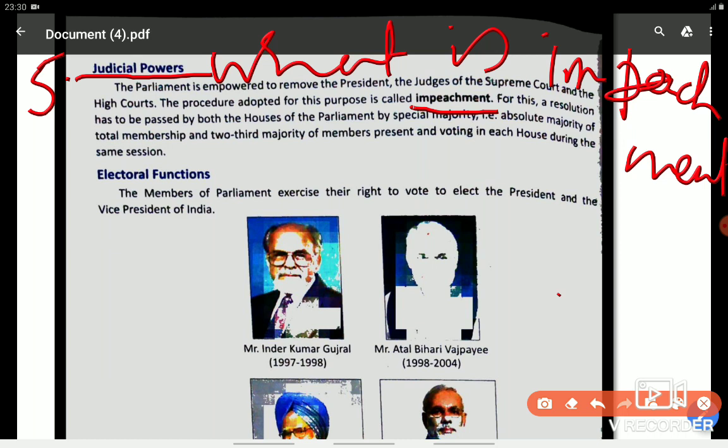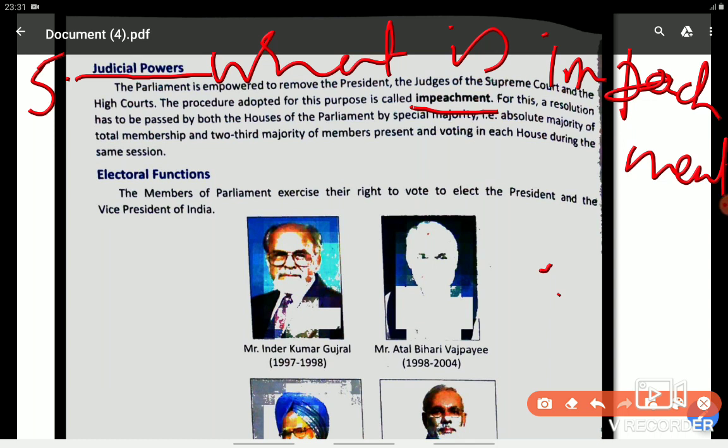So what is impeachment? The process to remove the president, the judges of Supreme Court and High Court is called impeachment. And how can this impeachment be presented in the parliament?